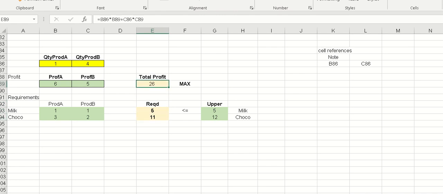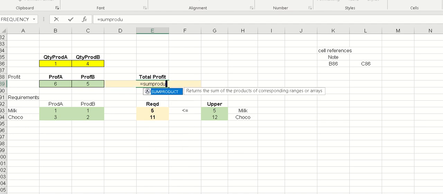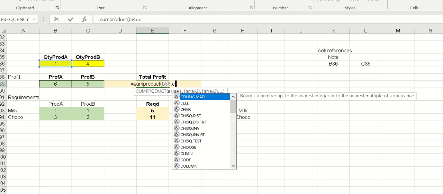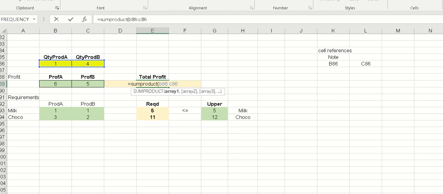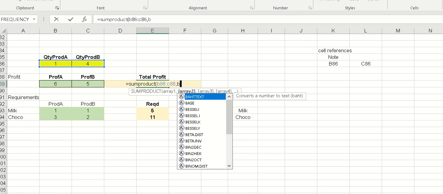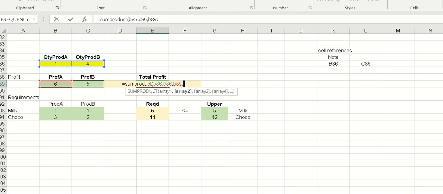And therefore you can also change this without writing it out. You can say, because this is the more appropriate way, sum product of B86 up to C86, comma, and then B89 up to C89. Why is this necessary?